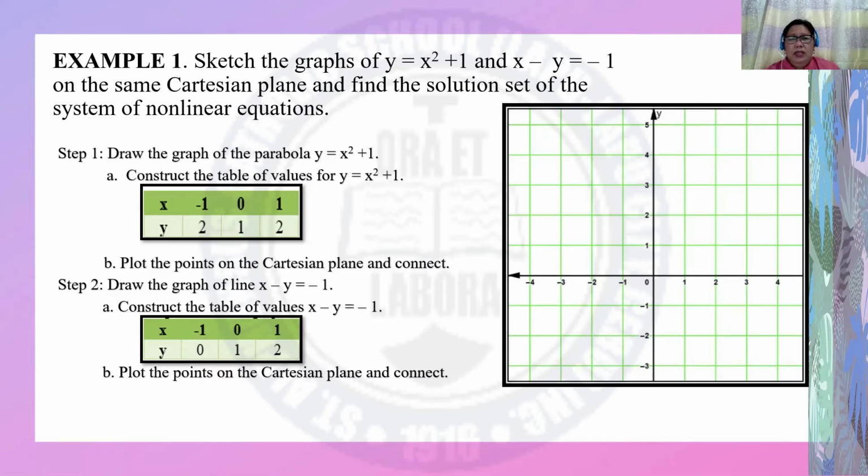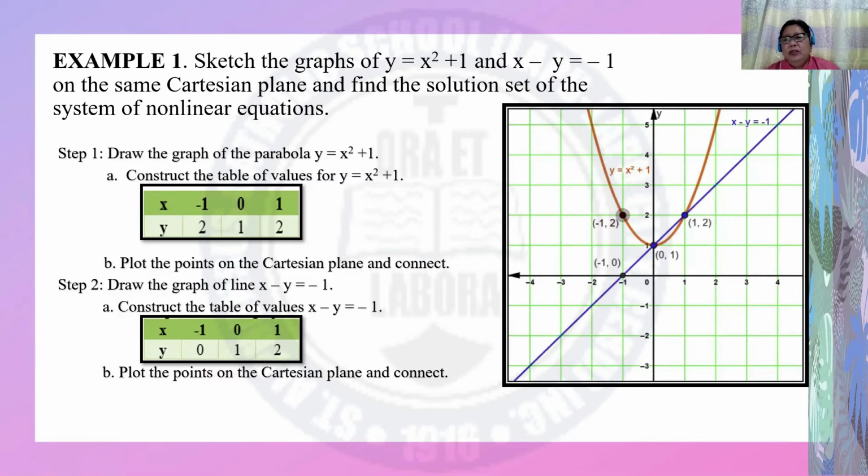Let us sketch now the graphs of the parabola as well as the line. So first, we have the points of the parabola, then connect with a curve, and then we also have the points of the line, then connect with a straight line.